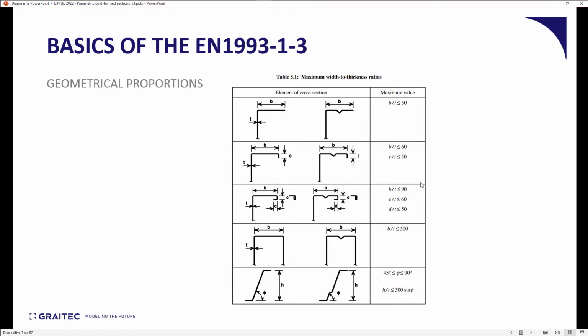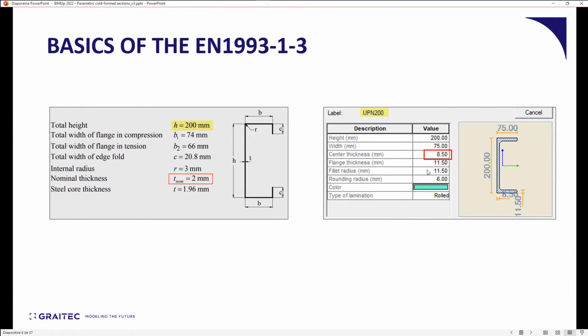The main difference between a cold-formed section and the usual one would be the thickness. A cold-formed section will usually be very thin. If we compare a cold-formed channel with an equivalent UPN, you can see the cold-formed one is way thinner. It's only 2 millimeters. It will usually be 1 millimeter, 2, 3, so very thin sections.